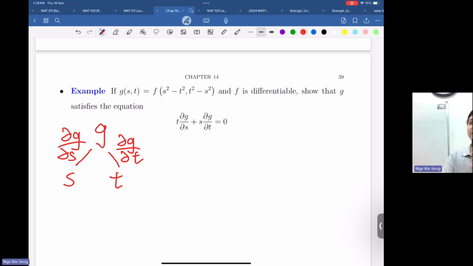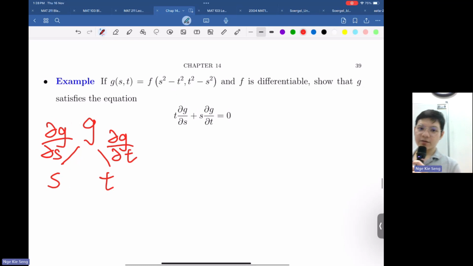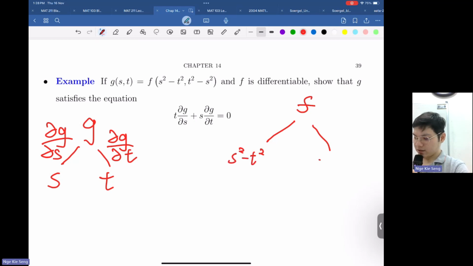So you can write it in two variables, right? What are these two variables? s squared minus t squared and t squared minus x squared. These variables are defined using s and t.